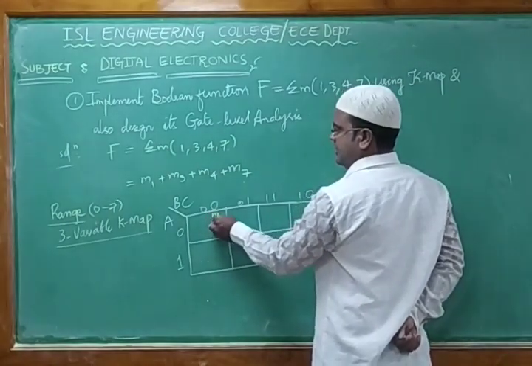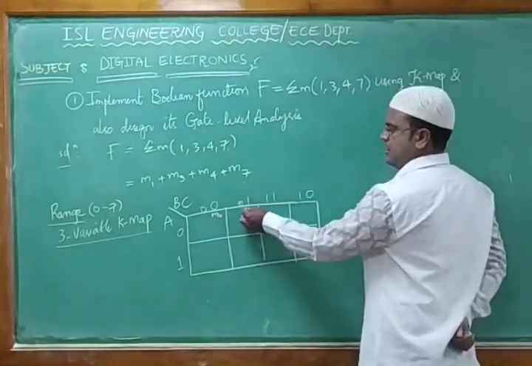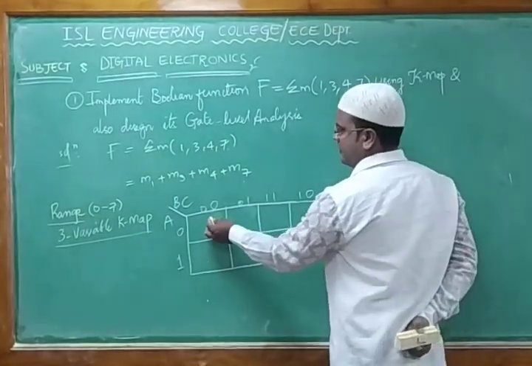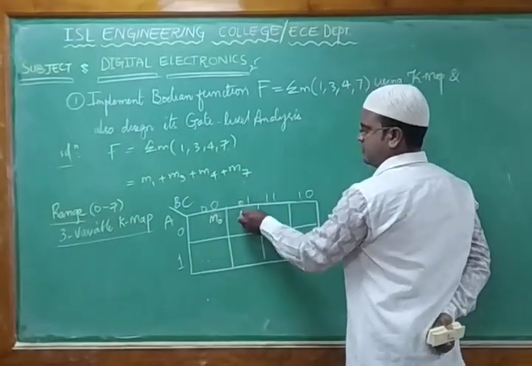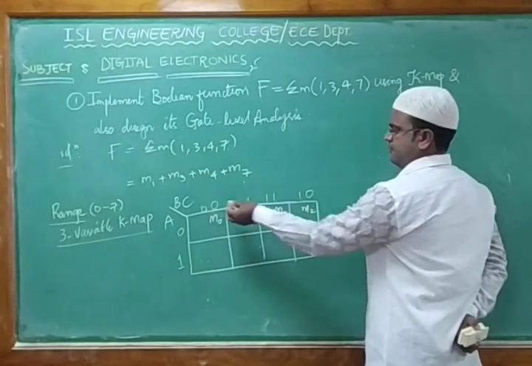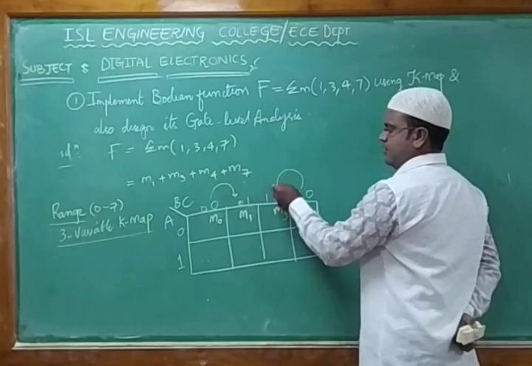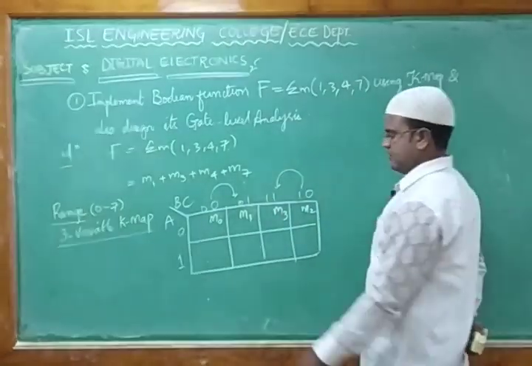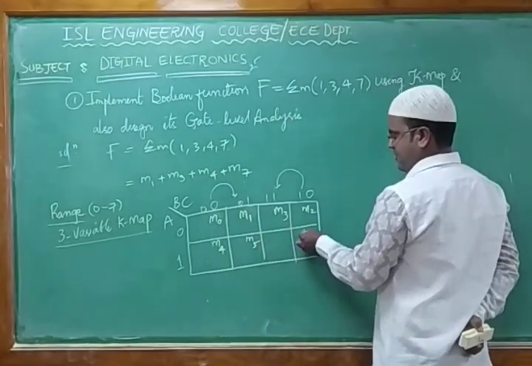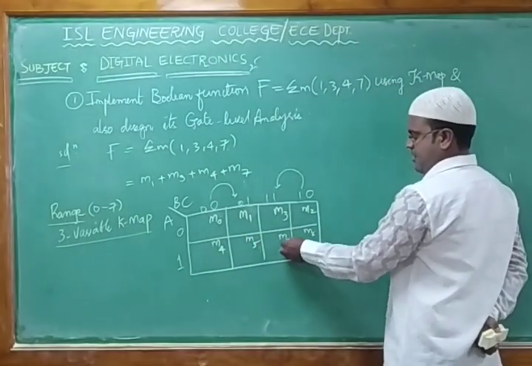The first box represents min term m0, next box m1, then m2 and m3. This is the way we design each square box. Like this, next we have m4, m5, m6 and m7.